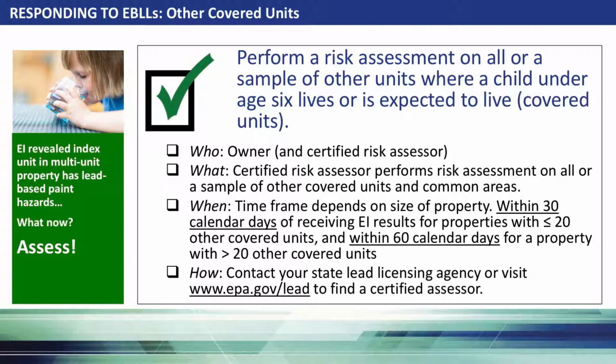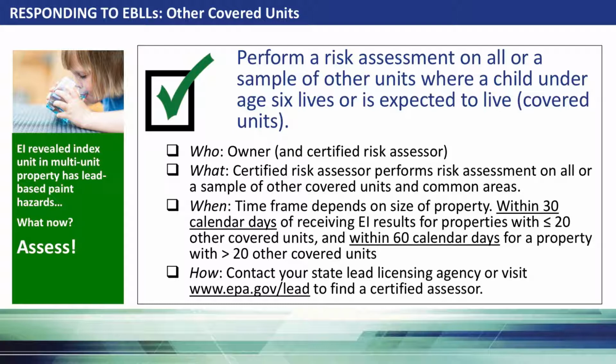Upon receiving those results, the owner must perform a risk assessment on all or a sample of other covered units, that is, PBV-assisted units and common areas in the property where a child under age 6 lives or is expected to live, and any associated common areas. These risk assessments must be performed by a certified lead-based paint risk assessor, but the timeline for conducting the assessments and the number of assessments to be conducted depends on the size of the property.